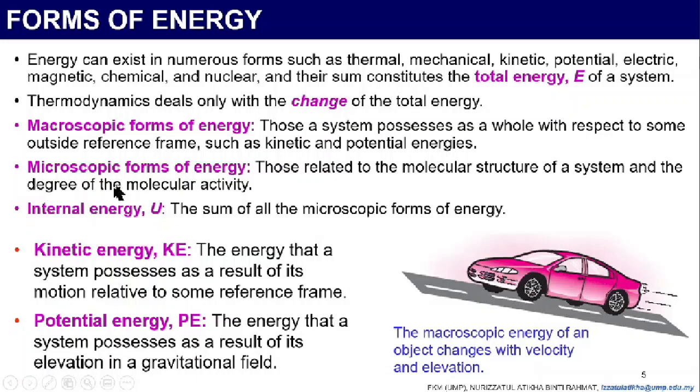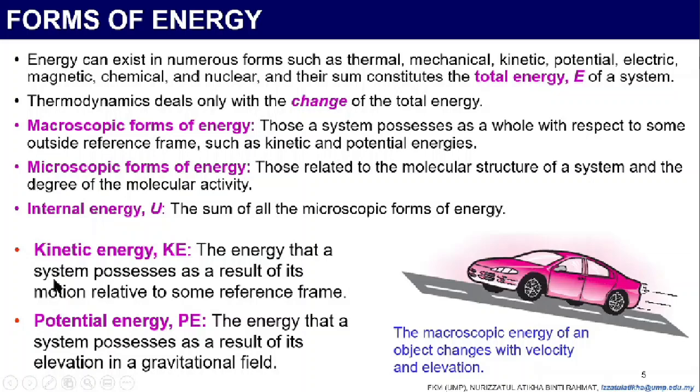Now, let's see the internal energy, denoted with capital U, the sum of all the microscopic forms of energy. So, please remember, internal energy is actually equal to the sum of all microscopic forms of energy. Then we have familiar types of energy here, which are kinetic energy and potential energy.